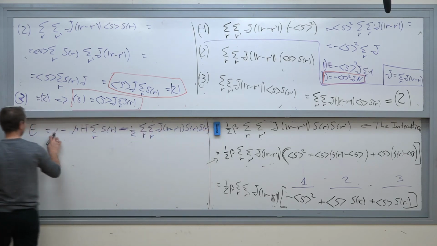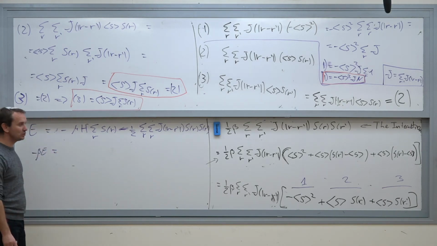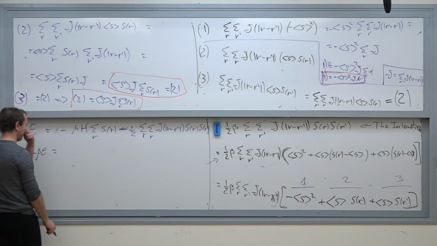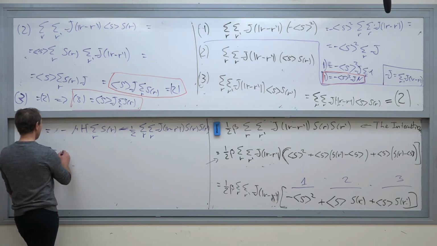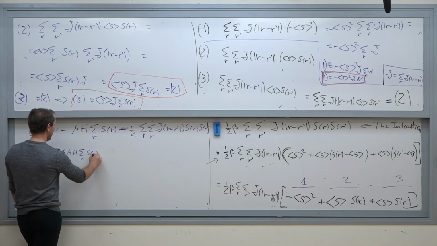Okay, and we can now state that minus beta e equals, so first of all let's multiply everything by beta, so it's minus mu h, beta mu h sum of r s of r.